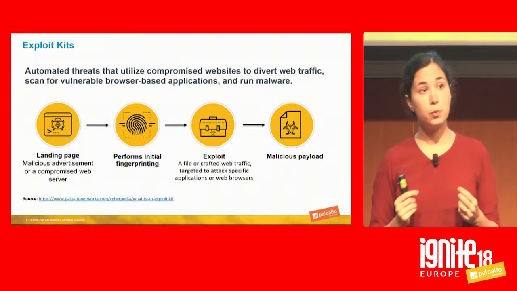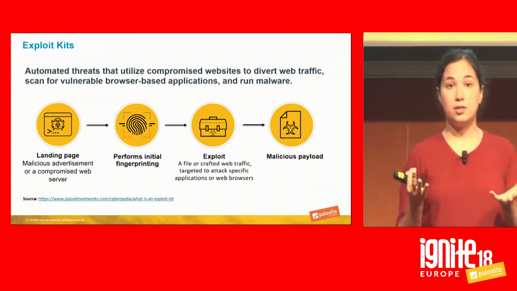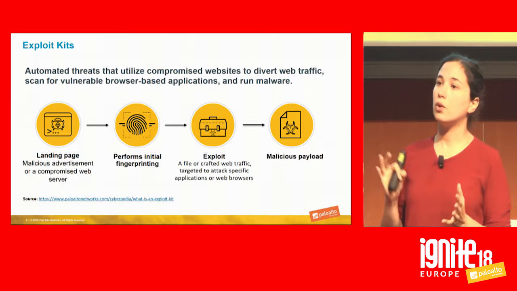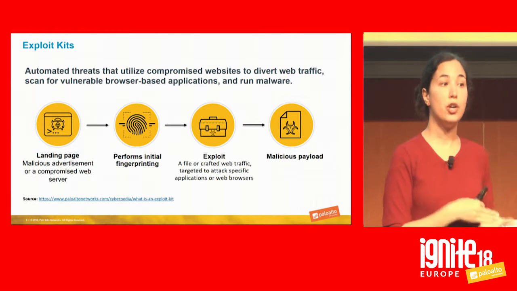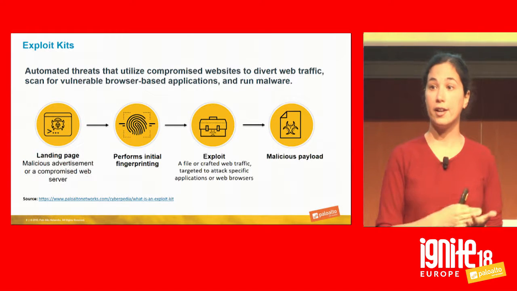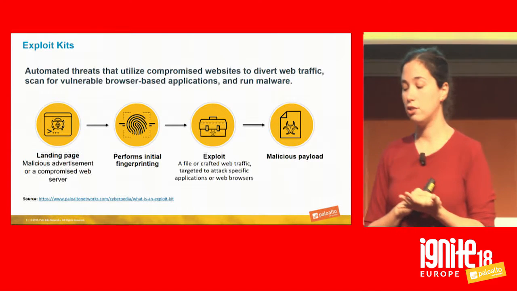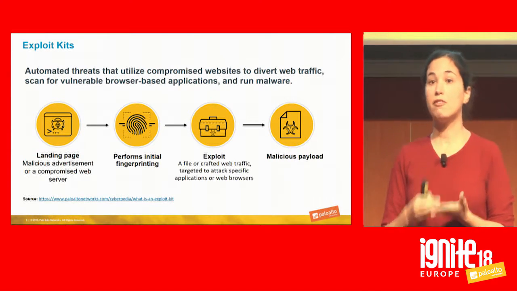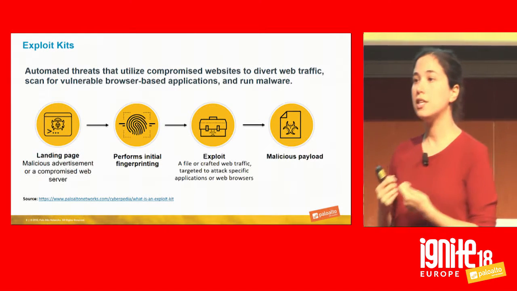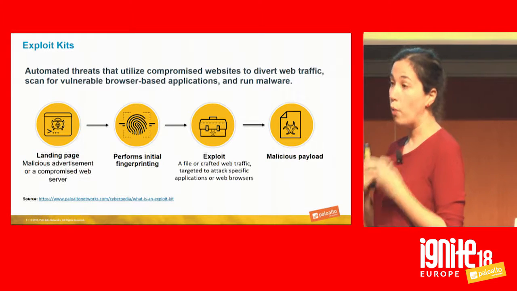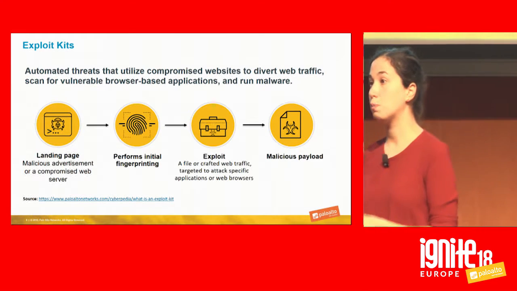So the term exploit kit is coined because it doesn't contain only one exploit. Usually they will have a variety of exploits. Some of them are known. Some of them just target unpatched operating systems and applications. Some of them may be unknown. So that fingerprinting process helps the attacker decide whether and how to attack that specific endpoint.